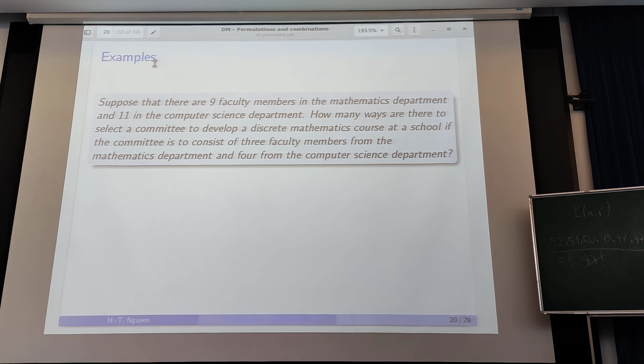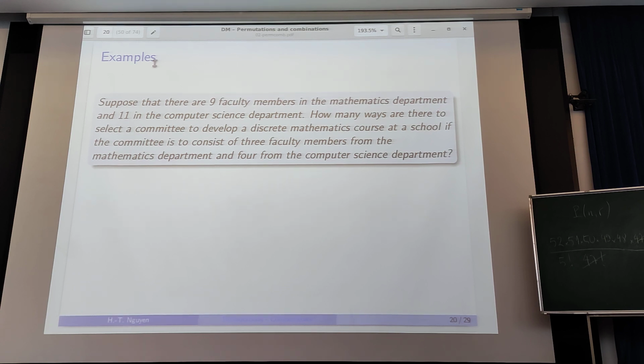When you want to count the possibilities, you have to think of a way to form such a committee. Your committee must have 3 mathematicians and 4 computer scientists.